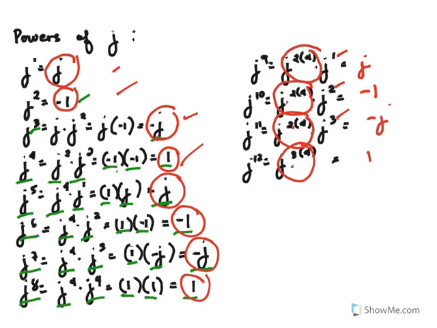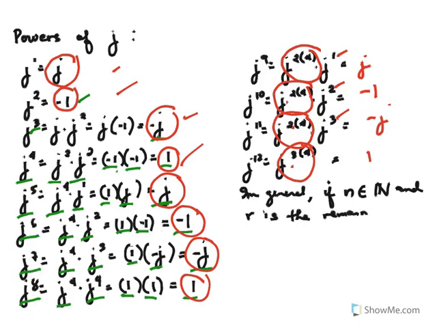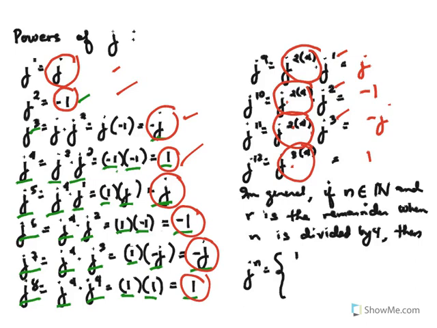So in general, if n is a natural number and r is the remainder when n is divided by 4, then J raised to n is equal to 1 if the remainder is 0, J if the remainder is 1, negative 1 if the remainder is 2, and negative J if the remainder is 3.